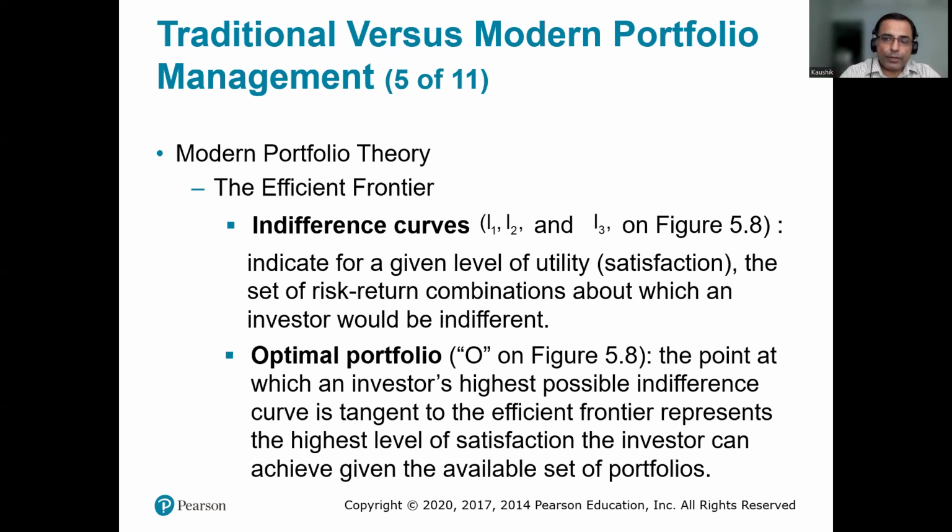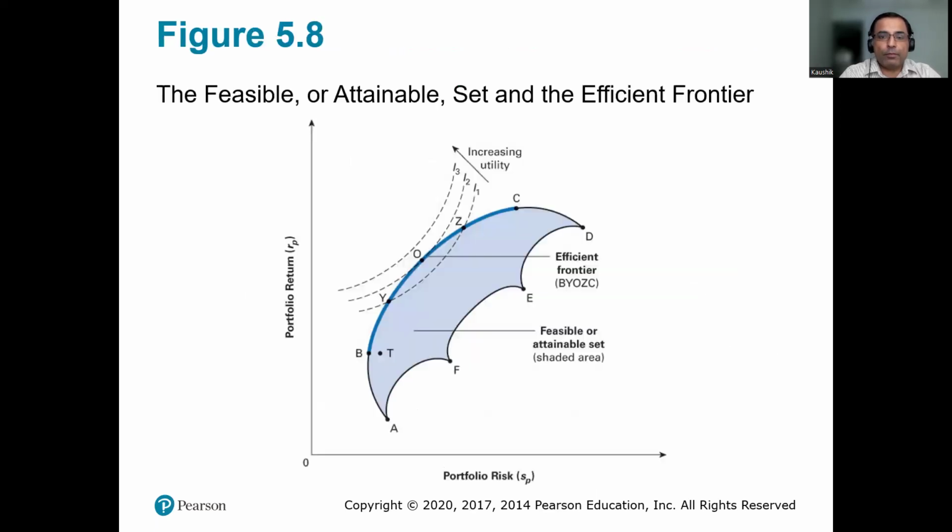Now we plot the indifference curves, and the point at which an investor's indifference curve is tangent to the efficient frontier at the highest level is the optimal portfolio.